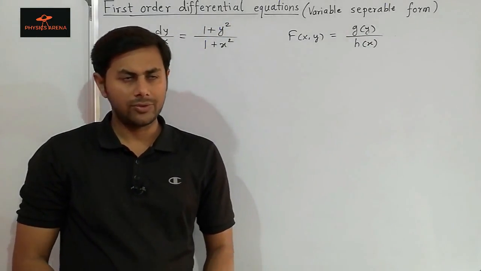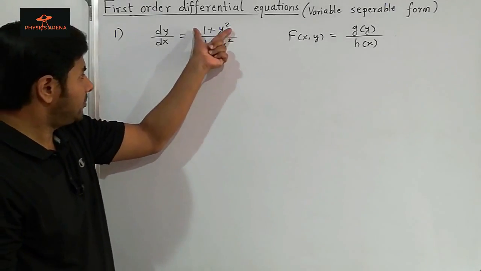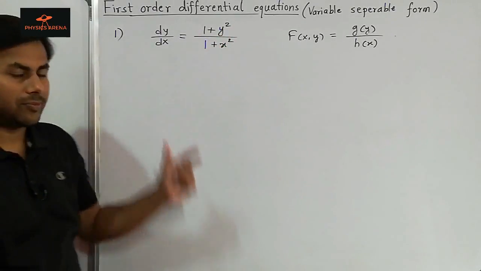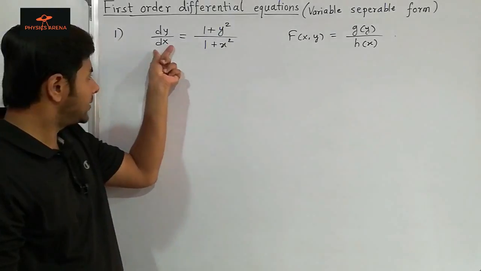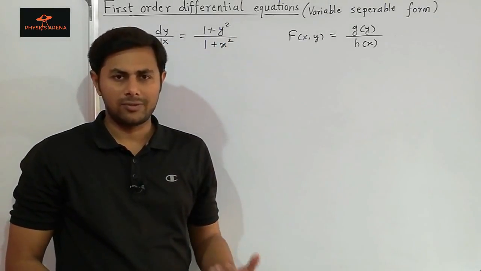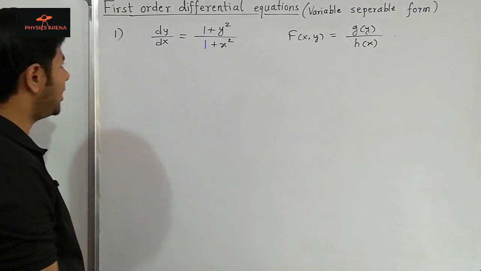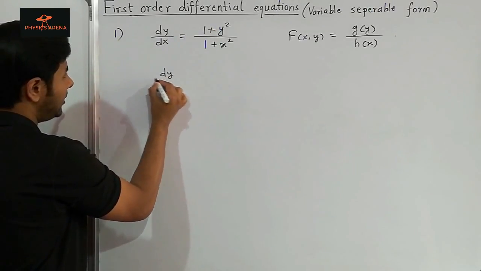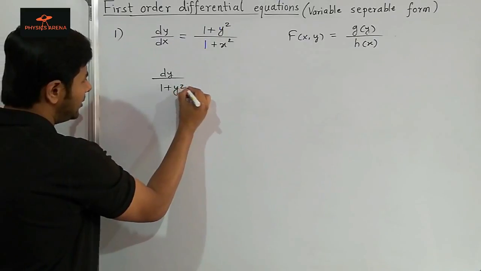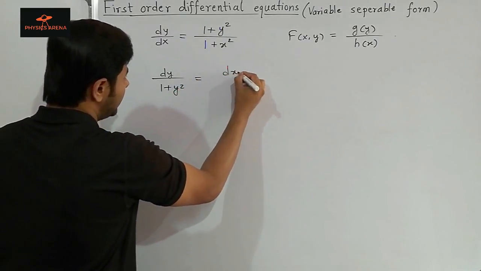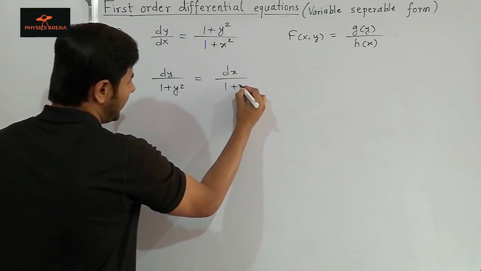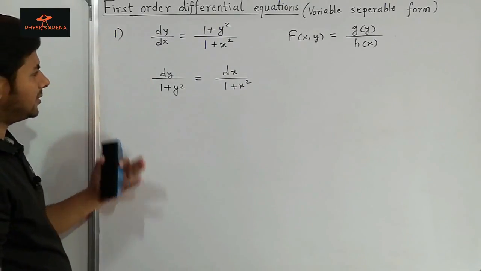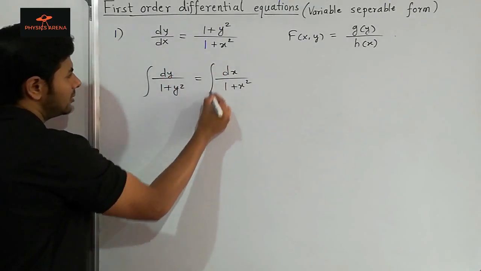All we have to do is take this function of y on the side of dy and take dx on the side of function of x. So we can write this as dy divided by 1 plus y square equals to dx over 1 plus x square. And now let's just integrate this.